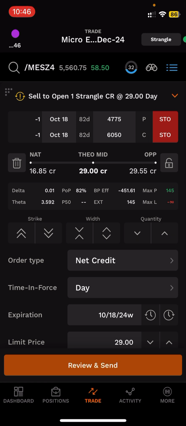And the buying power effect is negative 451. So you only need 451 to place this trade, and then you can let it go through. The reason why these numbers are so low is because I don't have that much money, so I can't easily make one of these positions on a bigger instrument. Like if we do this in the ES, it would be a lot more.